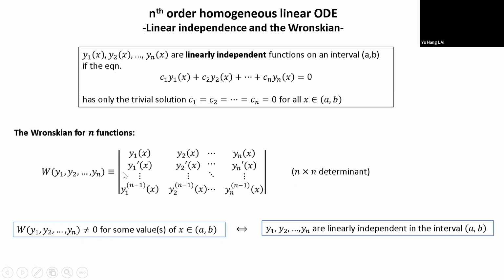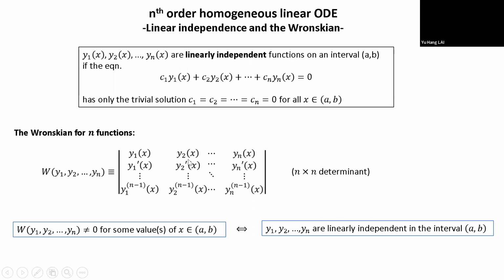So this is the definition of the Wronskian for n functions. For two functions you have a 2 by 2 determinant. For n functions you have an n by n determinant. The first row you just put in all the n functions, and then the second row you put in the first derivative for all the n functions, and so on.